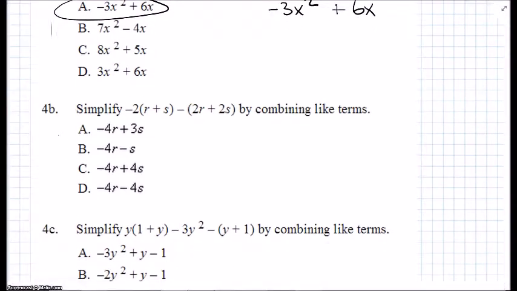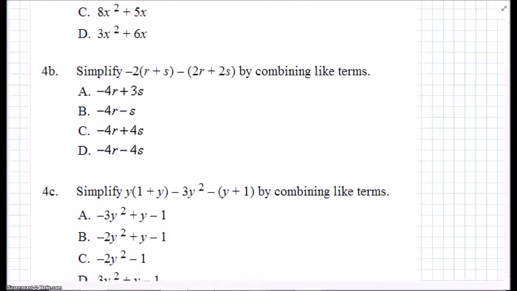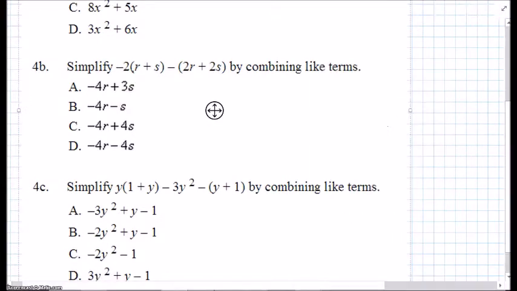Okay, simplify negative 2, in parentheses, r plus s, minus, in parentheses, 2r plus 2s. Let's distribute. Negative 2 times r is negative 2r. Negative 2 times s is negative 2s.